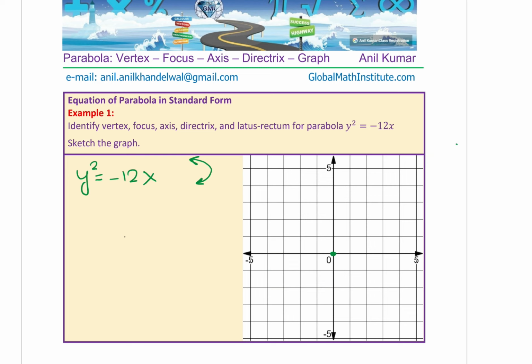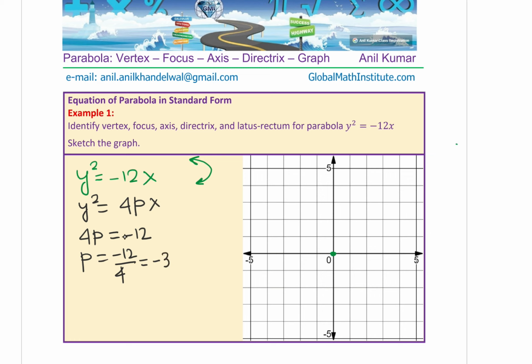Well, easy way is to look at our standard form, which is y square equals to 4px. So if you compare them, you can see that 4p is equal to minus 12, and that means that p value is minus 12 over 4, and so we get the value of p as minus 3.